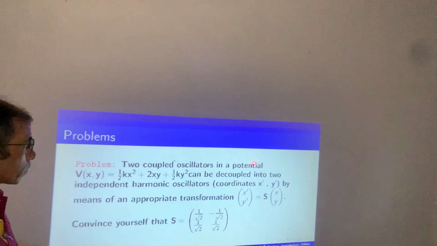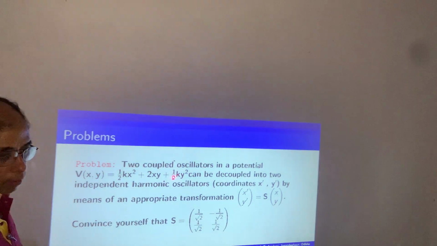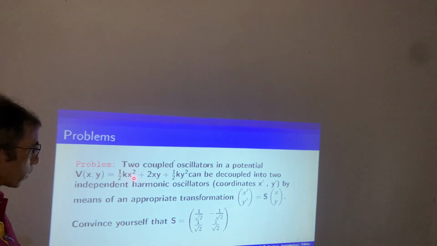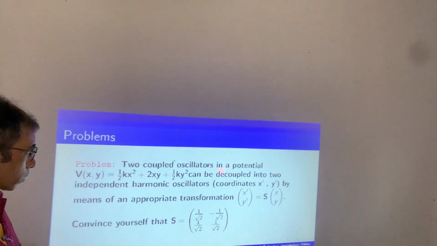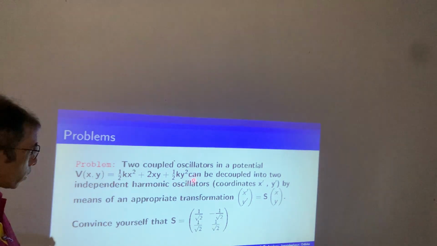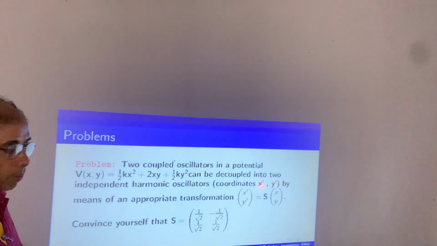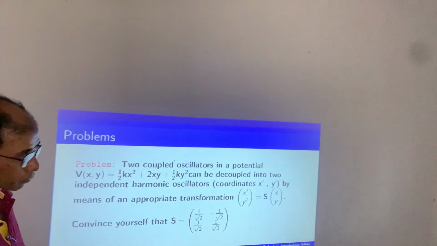Two coupled oscillators in a potential V(x,y) equal to half k x squared plus 2x squared plus half k y squared. This is the problem of coupled oscillators. The potential can be decoupled into two independent harmonic oscillators with coordinates x prime and y prime by means of an appropriate transformation.